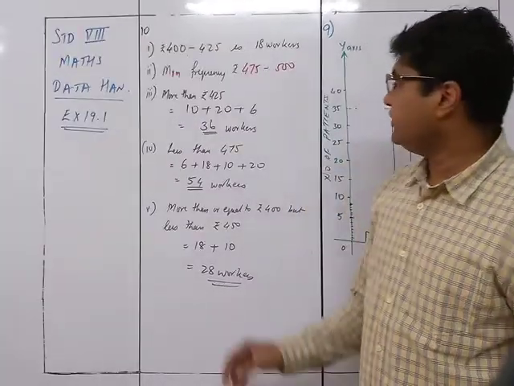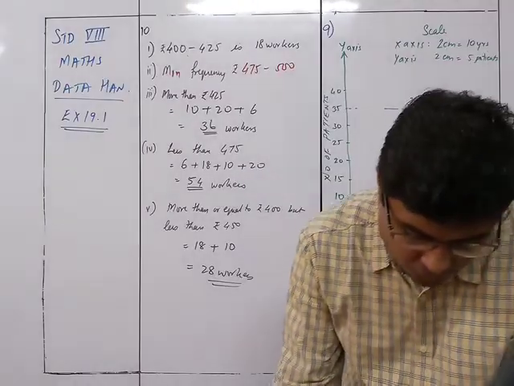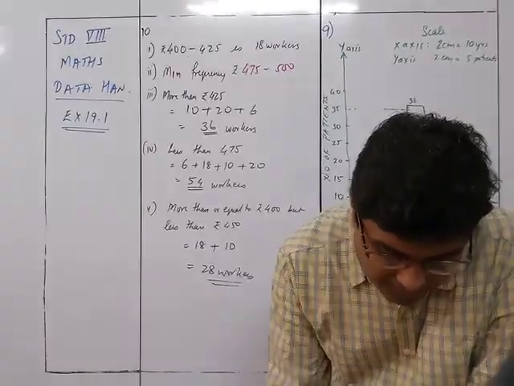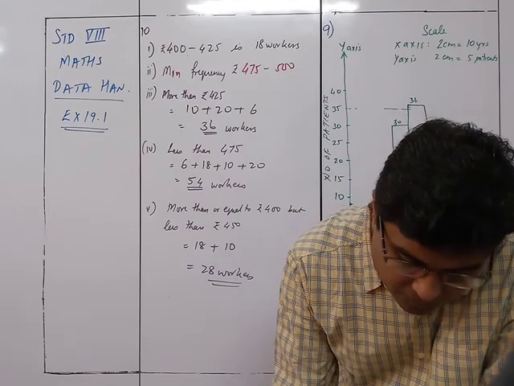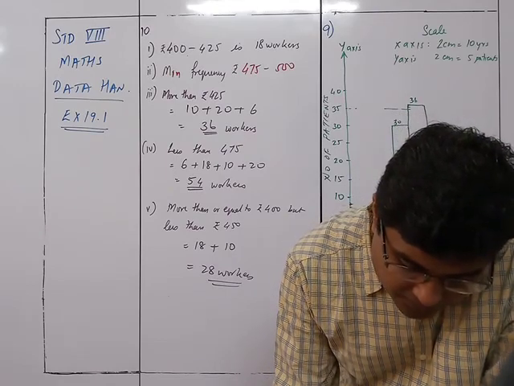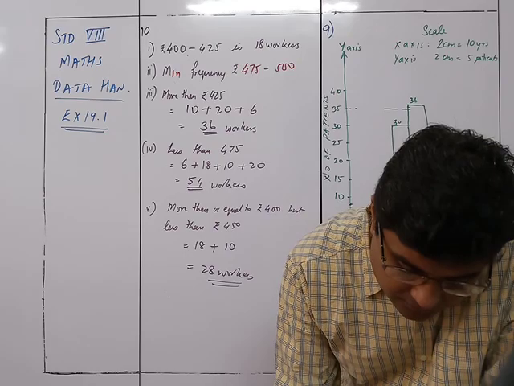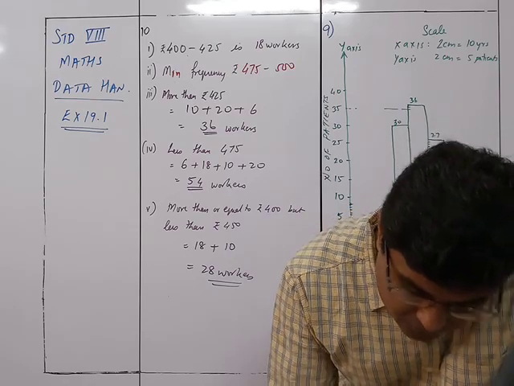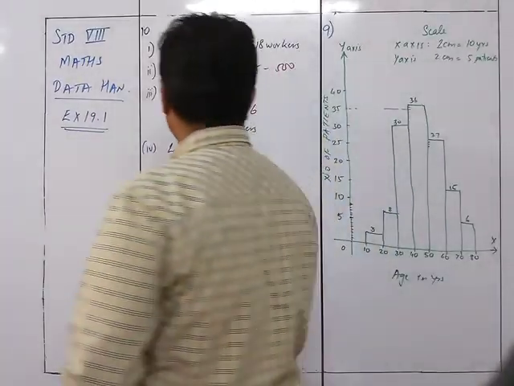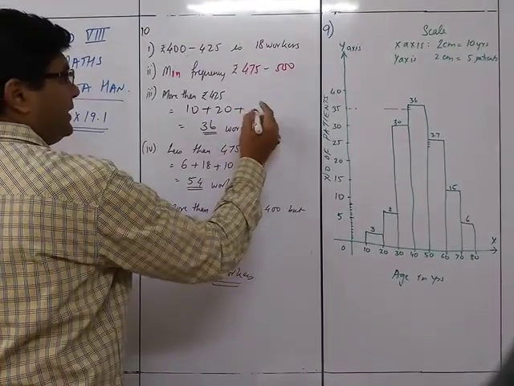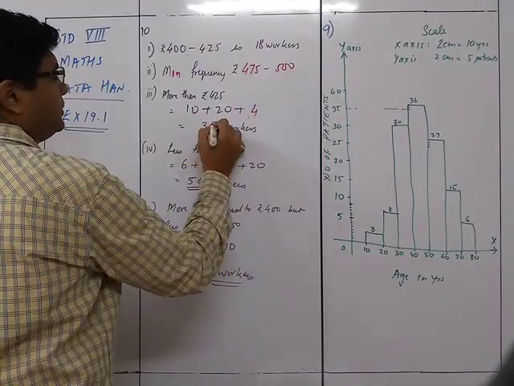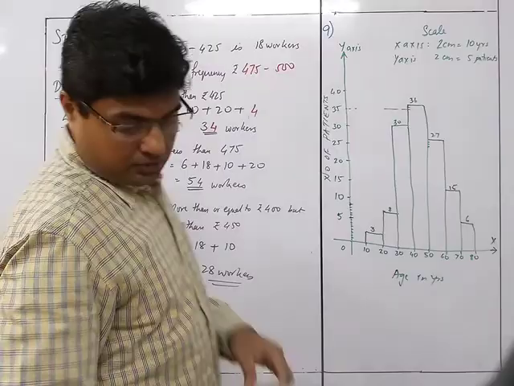Then it is 34. Again 34. Why? Getting more than 425, it's 10 plus 20, oh, sorry, this is not 6, it is 4. They have marked this as 4, I could not read that, so it is 4, it's 34.